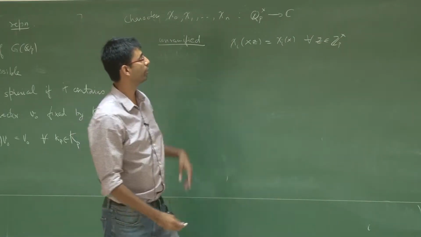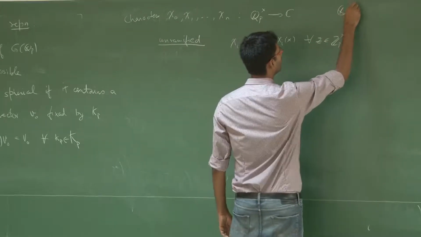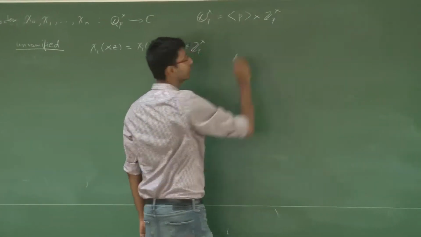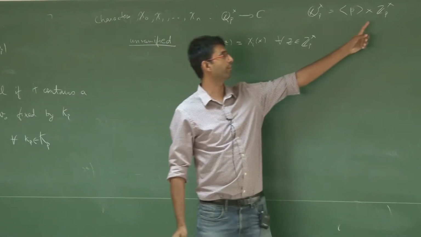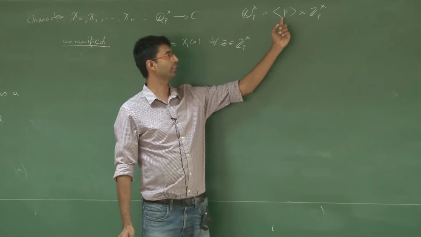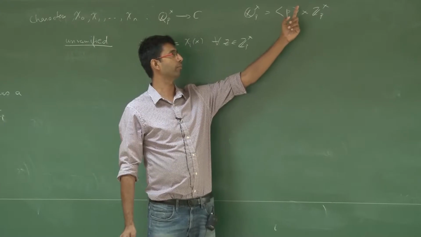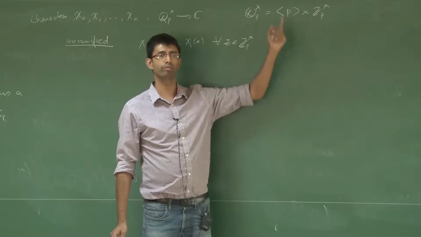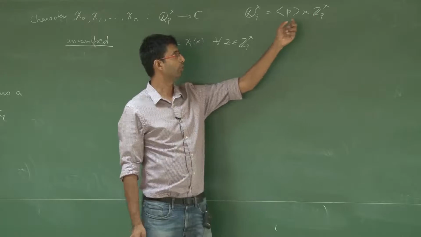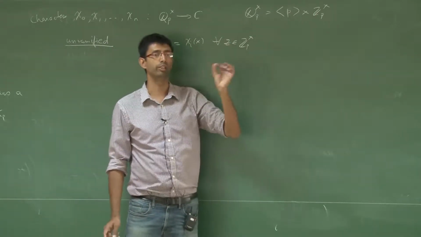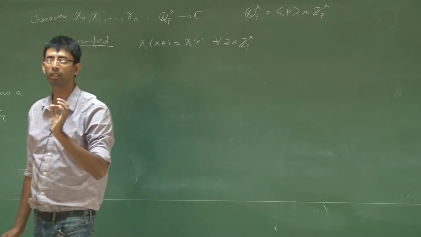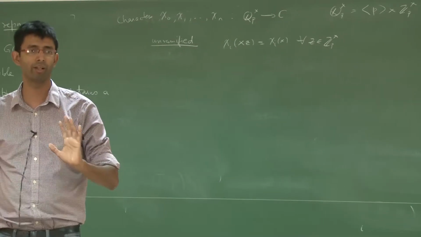So remember, Qp^× was p^Z times Zp^×. So if you want an unramified character, you know it's trivial on this, because it's a character, a power of p gets the same value as chi(p) raised to that power. So any of these characters are completely determined by its value on p. So one single complex number gives you one unramified character.